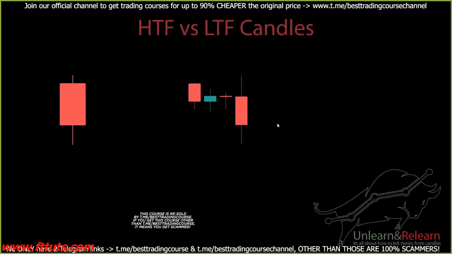So next we have the 4-hour candle, and this is the 1-hour candle, right? Just by looking at the 4-hour candle right now, what's the probability of the next 1-hour candle to go down? It's pretty high, right?